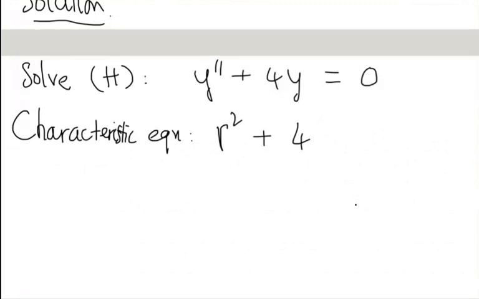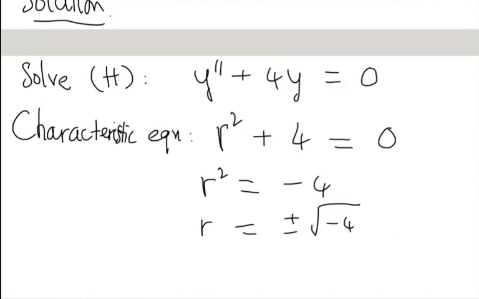Just 4, because it's y, so no taking the derivative, so we don't have any r. In this case, we have r squared equal to negative 4, so r would be plus or minus square root of negative 4. We have plus or minus 2i.